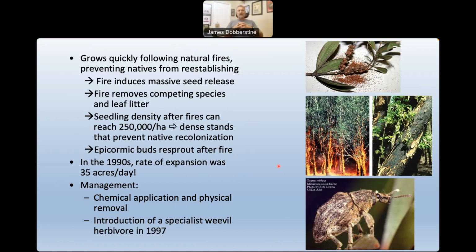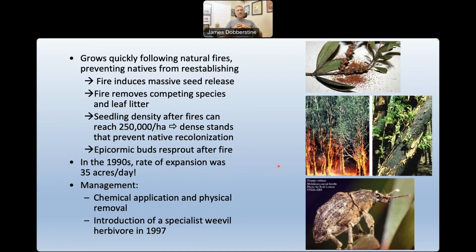So you get these very dense stands of these trees, which shades everything else out, and boom, you've got a monoculture of these tea trees. As an example, in the 1990s, the rate of expansion was measured to be as much as 35 acres a day. Okay, think about that.